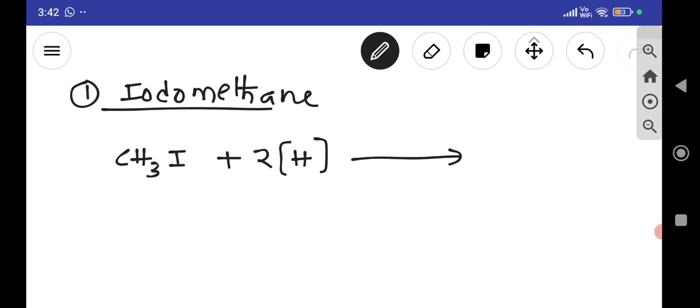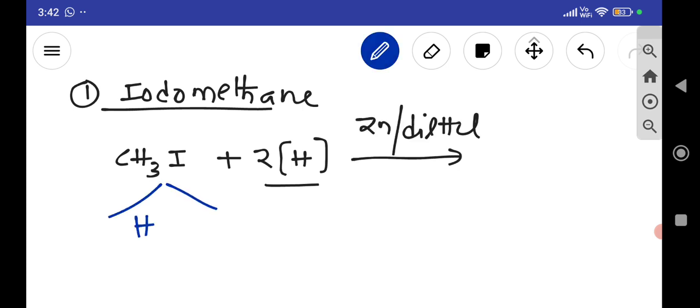If you take zinc powder in the presence of dilute HCl, it will liberate nascent hydrogen. The atomic form of hydrogen is called nascent hydrogen. Here you add one hydrogen and one H, so you get CH4 plus HI. This reaction is nothing but a substitution reaction.